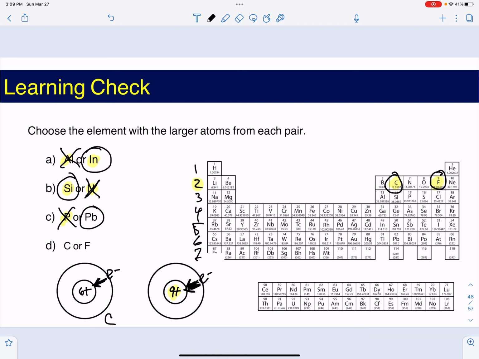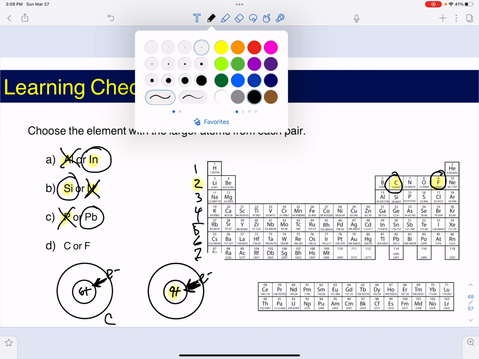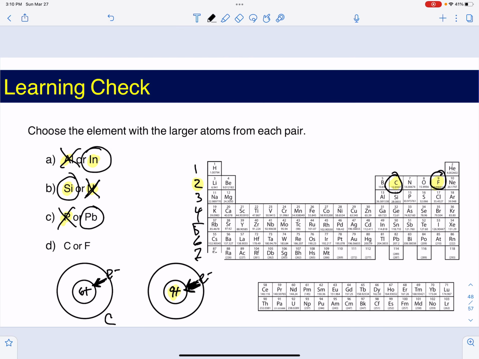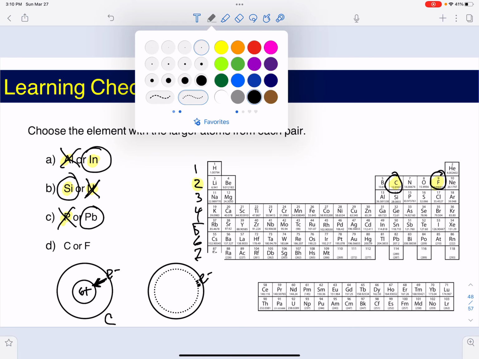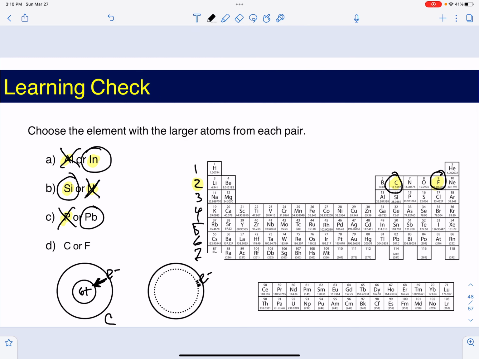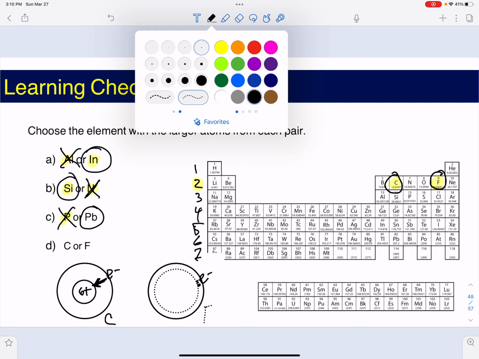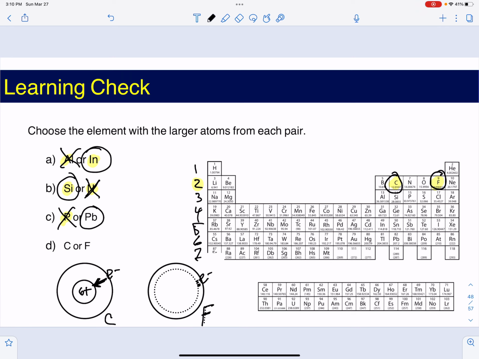Because of that, this energy level that we're going to draw here is going to be closer in. So the energy level in fluorine, because the nucleus is stronger, is going to come inward, therefore making fluorine the smaller one and carbon the bigger one.